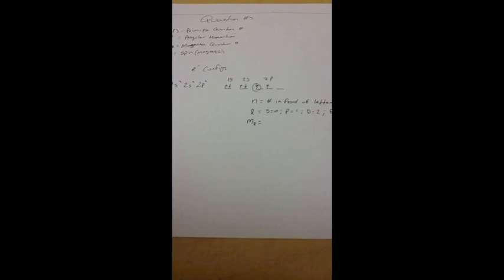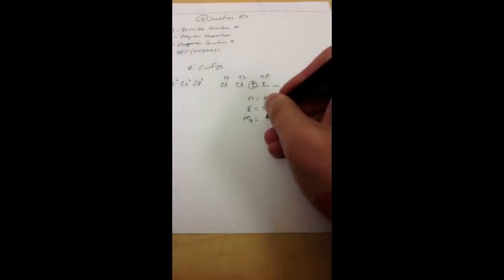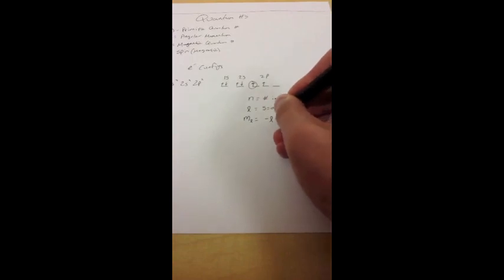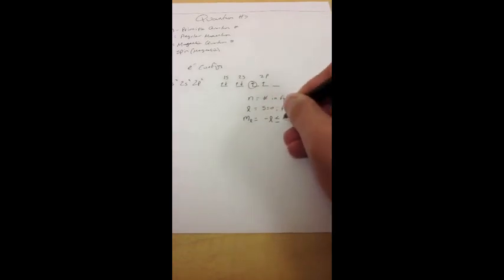Alright. Now, M sub L. Again, there's an easier way and a little more complicated way. The way you should think of it is, it is going to be greater than or equal to negative L and less than or equal to L. Let that sink in for a second.